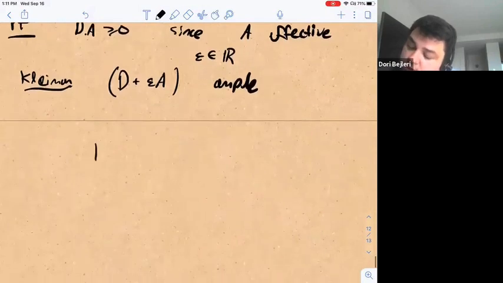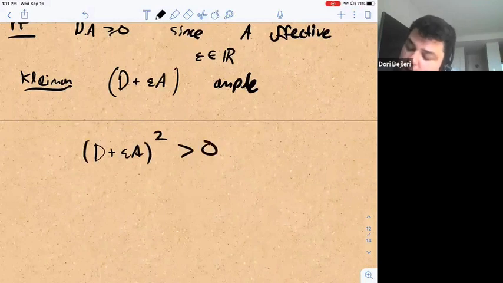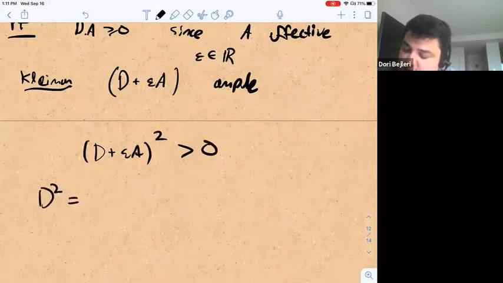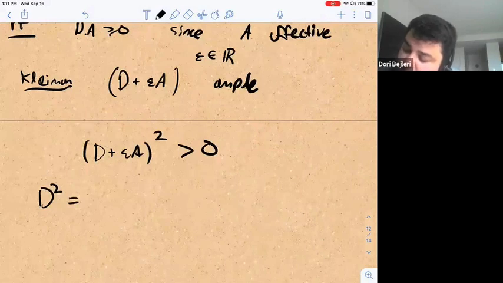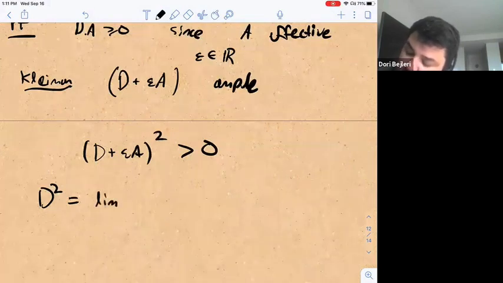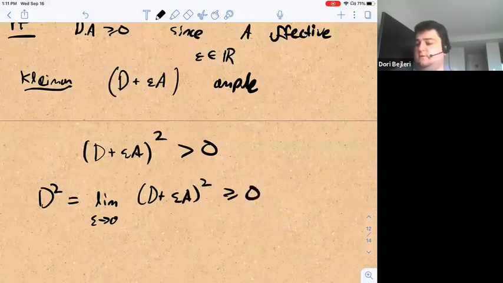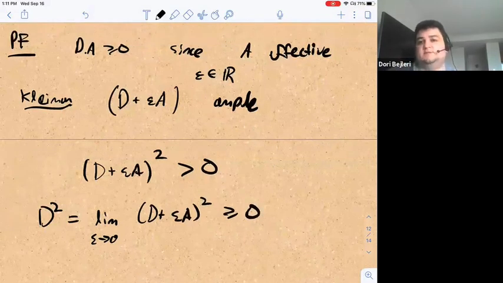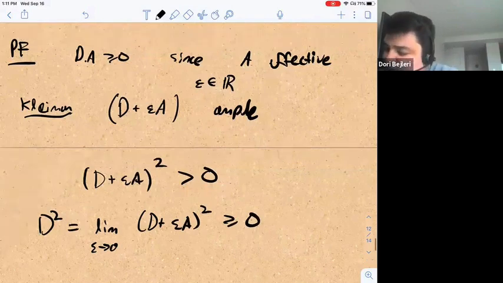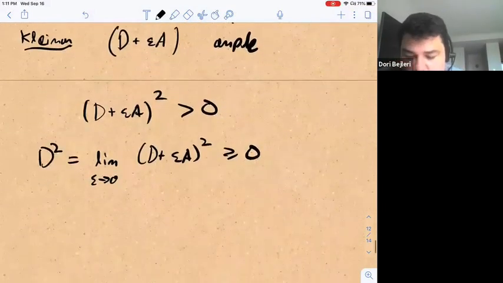So D plus epsilon A squared is strictly greater than 0. So then D squared, because this intersection product is a continuous function on the space of real numerical equivalence classes, is the limit as epsilon goes to 0 of D plus epsilon A squared, which has to be greater than or equal to 0. Because nef is in the boundary of ample. Nef is the closure of ample, basically. Okay, so that gives us that D squared is greater than or equal to 0.